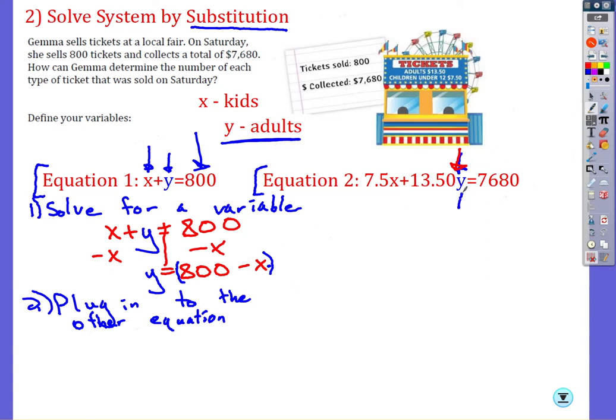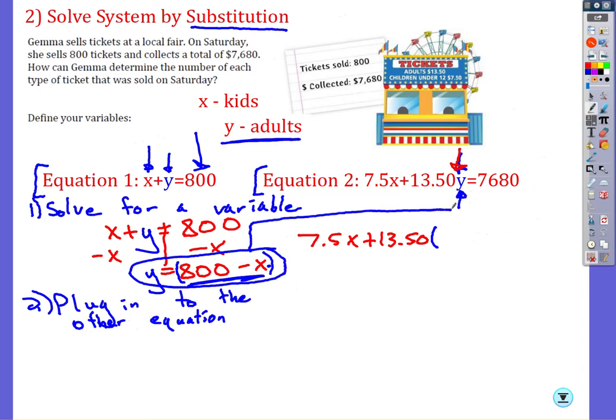So where I see this y here, I'm just going to replace it with what I know y to be, 800 minus x. So when I copy down this equation again, I'll get 7.5x plus 1350. But I'm not going to write y here. I'm going to write what I know y to be equal to. So I'm going to take this and pop it in for y here. So instead of y, I'm going to write 800 minus x.